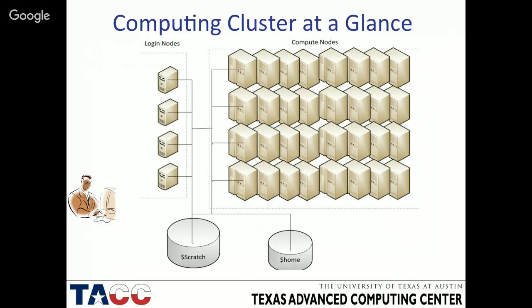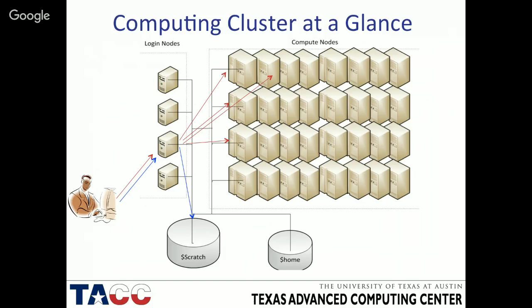So that small icon is you, your laptop, and you first log into a login node. From the login node, you maybe transfer some data into your resources. In the traditional way, the data is stored in dedicated storage resources, not directly in the compute nodes. Then by the time you want to run some processing, you need to tell the resource manager of the computing cluster that you want 4 nodes to run your program.